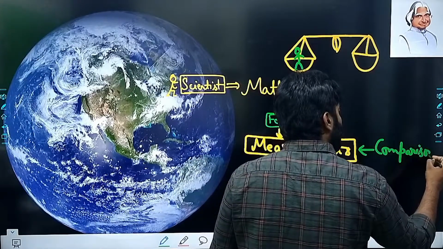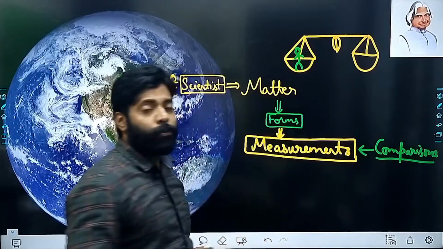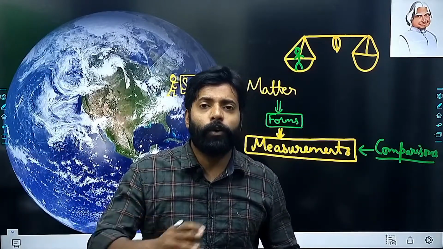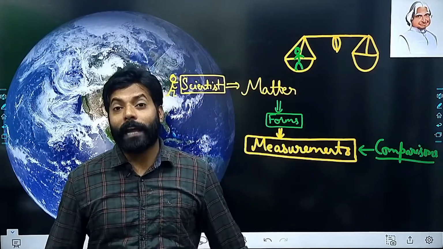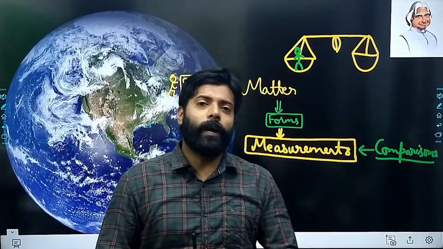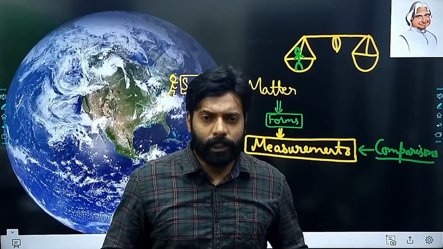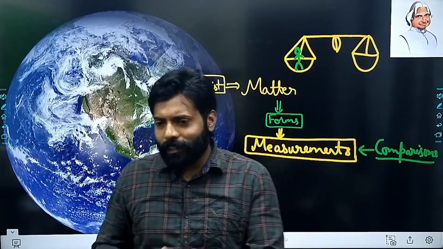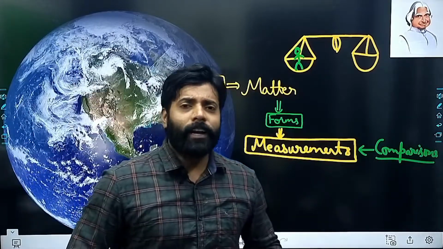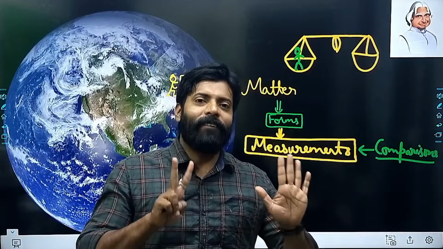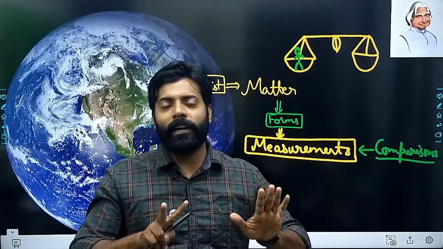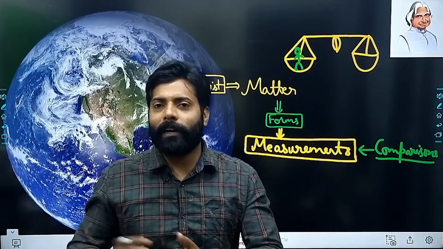So how many standards do we require if we want to measure almost everything present in this universe, and almost everything which might come? Many scientists came up with what might be standards, but we finally concluded that only 7 fundamental quantities are required, and from these fundamental quantities we can go to the other quantities as well.